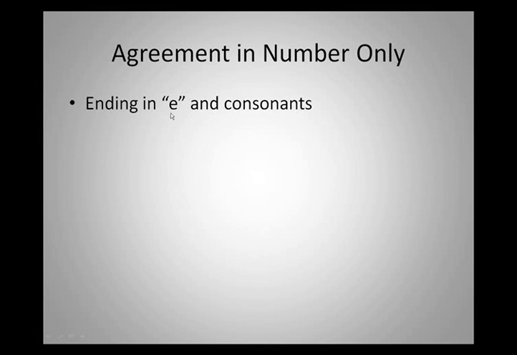Some adjectives, though, end in an E or in a consonant. So those are going to agree in number only, not in gender. So they're not going to change for masculine and feminine, but they will add an S for plurality or an ES, depending on whether it be the E or the consonant, when we're talking about one or more than one.